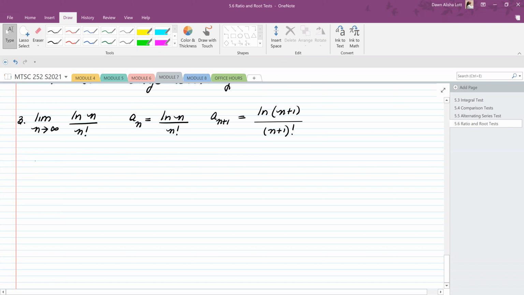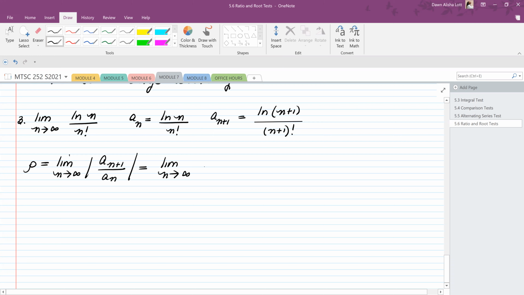So rho, the limit as n approaches infinity of the absolute value of an plus 1 over an, is the limit as n approaches infinity. Don't need absolute values because everything is positive.